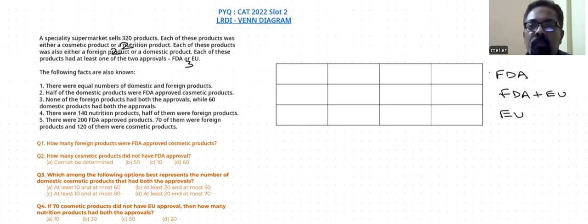Let me denote it this way. The first column, I denote FC, foreign cosmetic. Next is domestic cosmetic. Now I'm trying to go with domestic nutrition here.